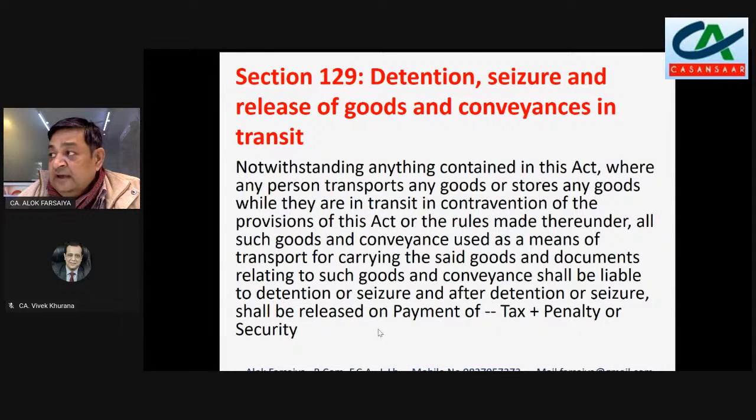Therefore, we need to take specific care that we should not get into the clutches of section 129, and we should avoid the payment of tax and penalties. I may share one incident from an old time where we had fought a case for a penalty of 70 rupees, and the cost of litigation was much higher. Therefore, we need to avoid the penalties levied under section 129.